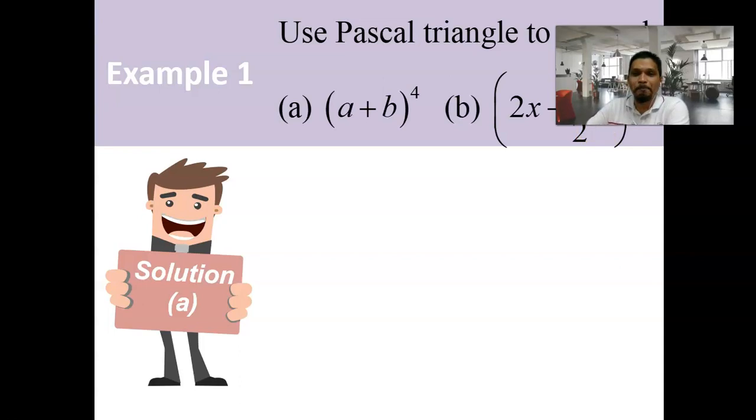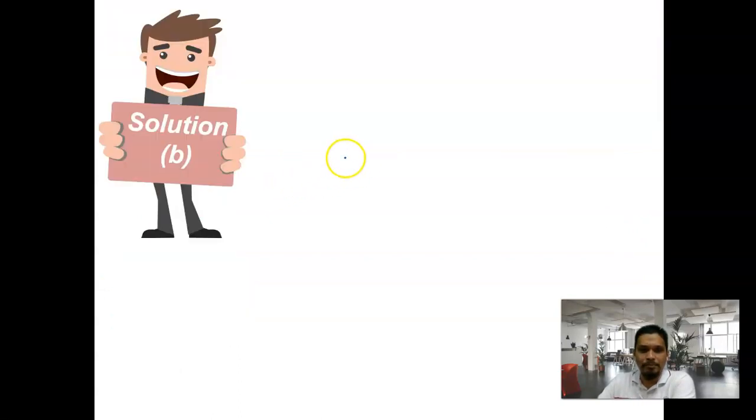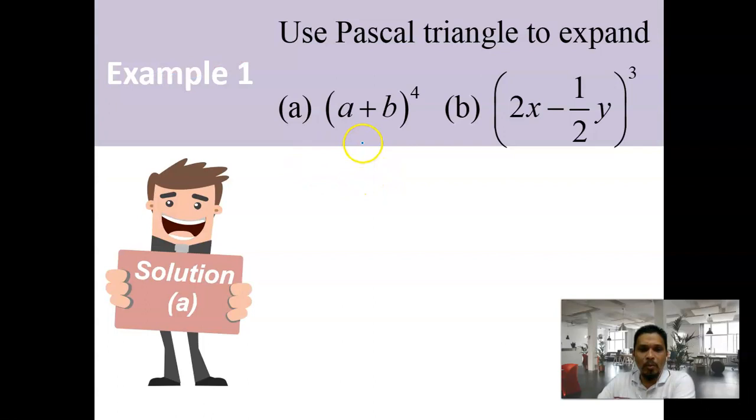Example number 1. Use Pascal's triangle to expand this. Class, we have 1; 1, 1; 1, 2, 1; 1, 3, 3, 1; 1, 4, 6, 4, 1. This is for n equals 1, 2, 3, and 4.